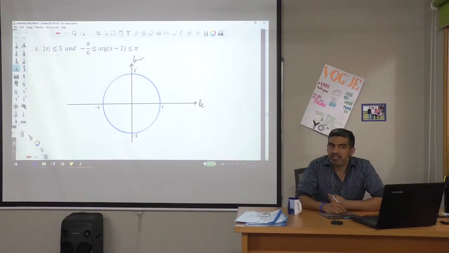Now, see this time the circumference is included because it's less than or equal to 5. So circumference included, so we make a full line.